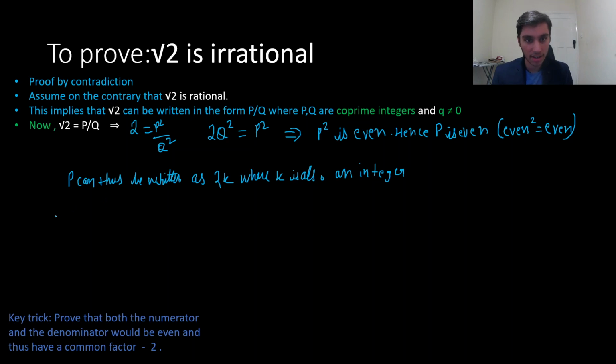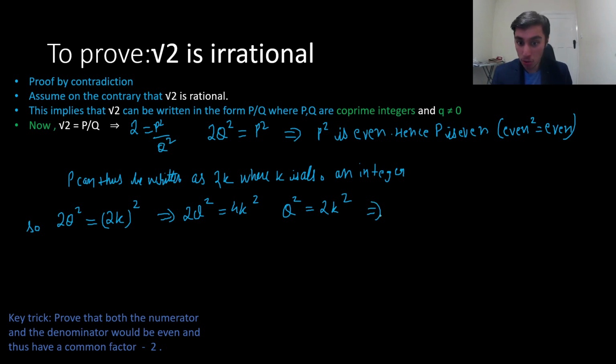So we have 2q squared is equal to 2k whole squared. This implies 2q squared would be equal to 4k squared. And when we divide both sides by 2, we get q squared is equal to 2k squared. This implies q squared is even, and hence you can write q is even.